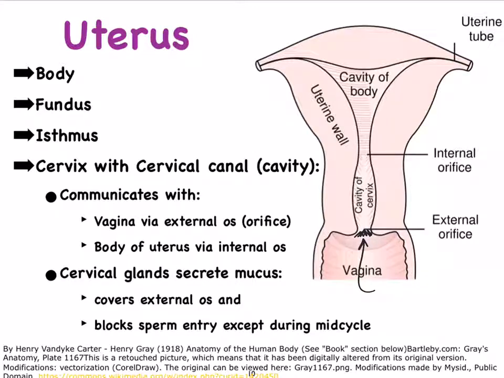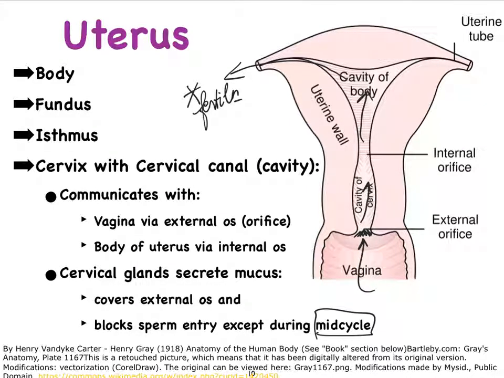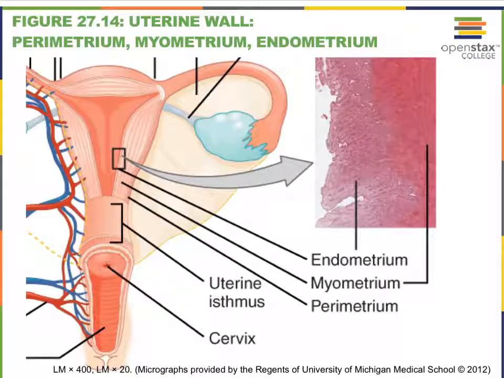But mid-cycle, typically the time when we ovulate, that mucus becomes much thinner and it becomes much easier for the sperm to move on up the cervix through the cavity of the uterus and up the fallopian tubes. It is in the fallopian tubes where fertilization between the egg cell and the sperm cell tends to occur.